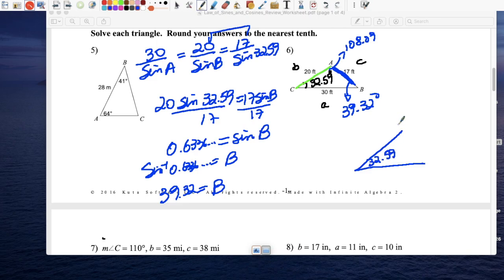But the other angle would be the difference, 180 minus 39.32 equals 140.68. Let me draw it out a little better.